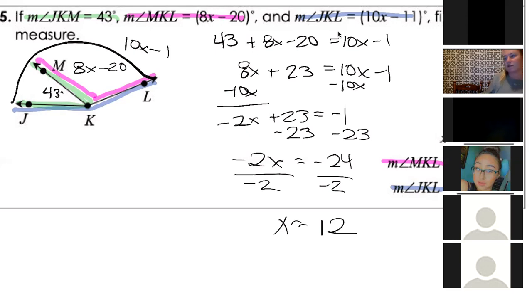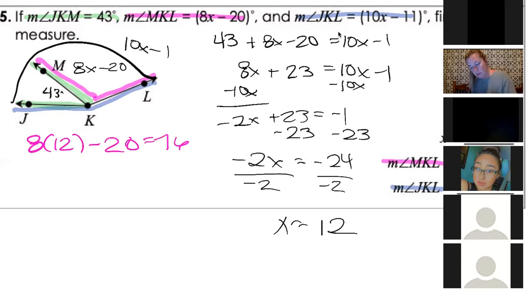I'm sorry, my handwriting is really not that beautiful on this board, but we will work with what we have. All right. And then now we just need to plug it back into each of these. I'm going to plug it into the pink one first. So we have 8 times 12 minus 20, and in our calculator that gives us 76.